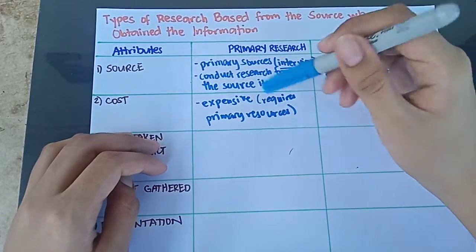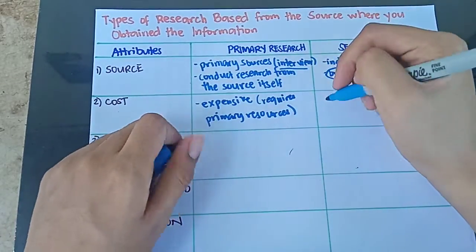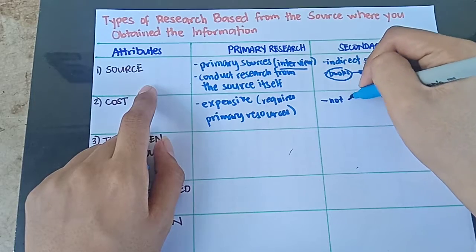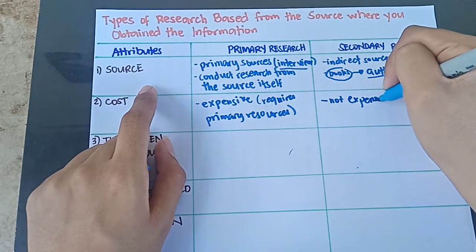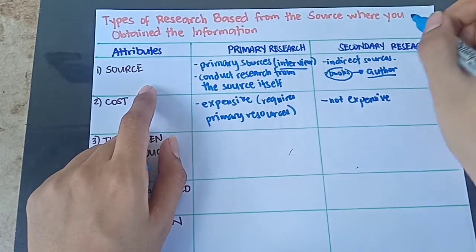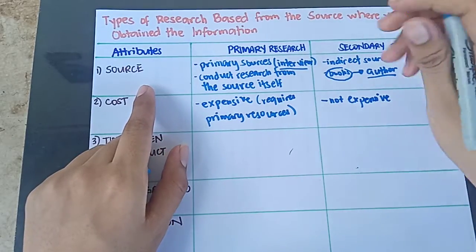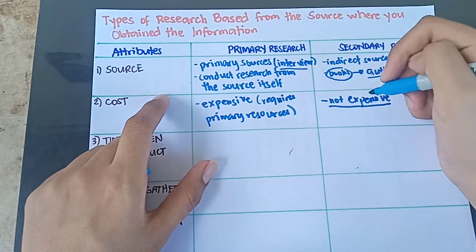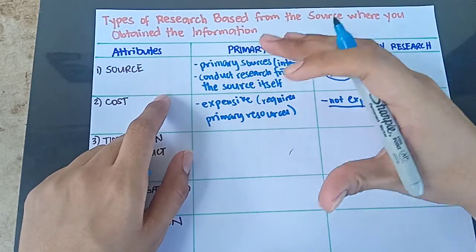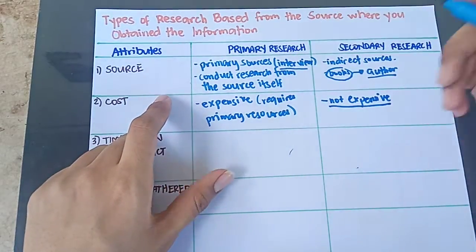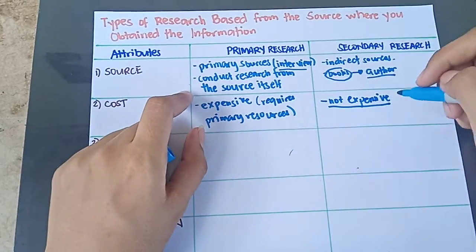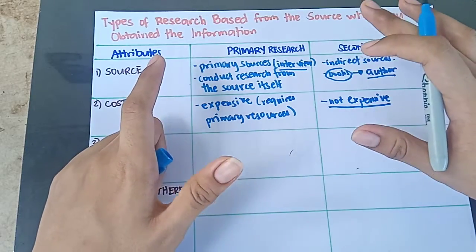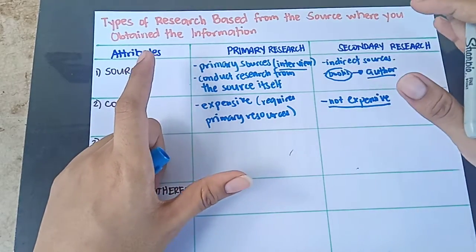While in secondary research, it is less expensive than primary research. It is not expensive at all because it does not involve primary resources. Let's say you want information right away, you can consider using the internet. And the internet is widely accessible to all.